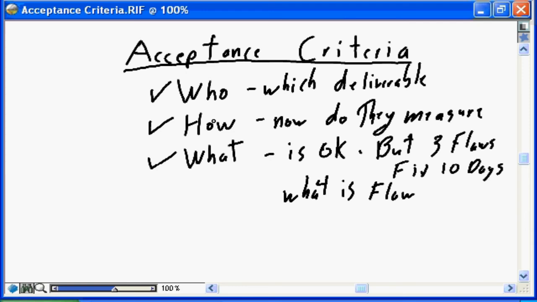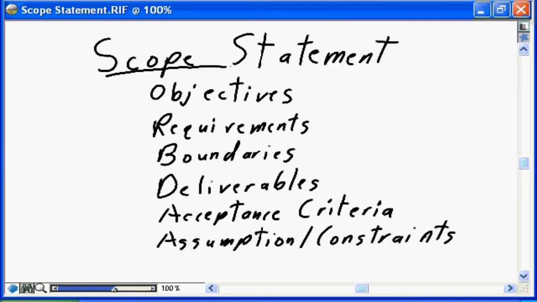The scope document, the scope statement, is probably the single most critical document you're going to be producing as part of project management. The scope document, the scope statement, defines how the rest of the project will be constructed, defines how the project will be delivered, and defines how the project will be concluded, what the final acceptance criteria is going to be.